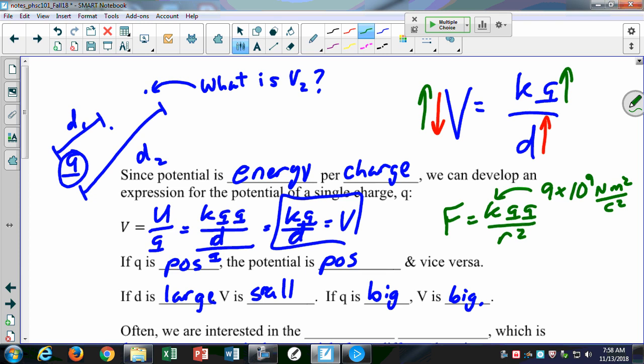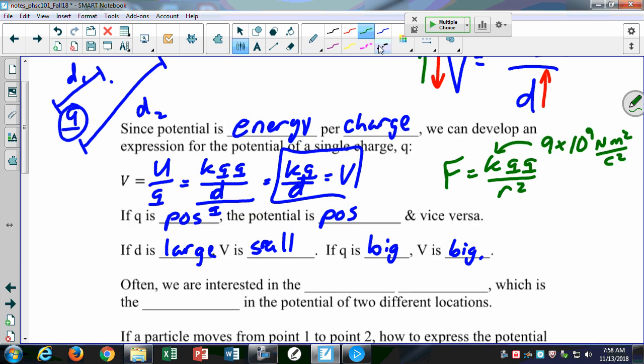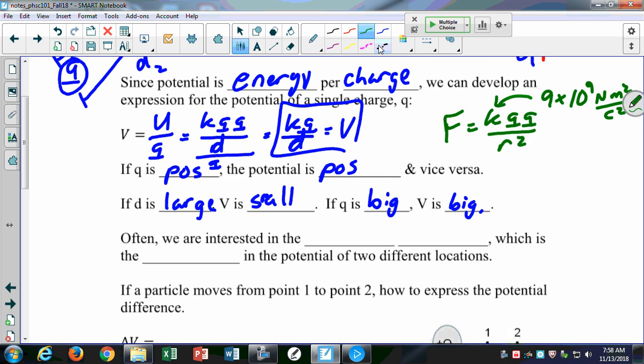Okay, so often we are interested in the potential difference. We've already seen this, which is the difference in potential of two different locations.